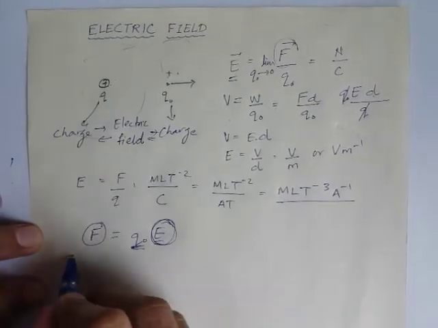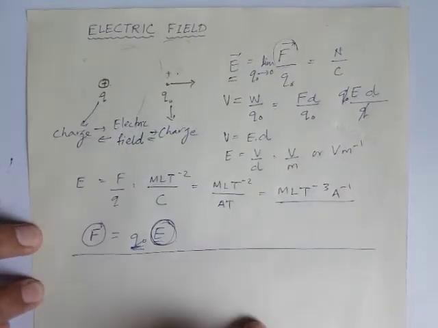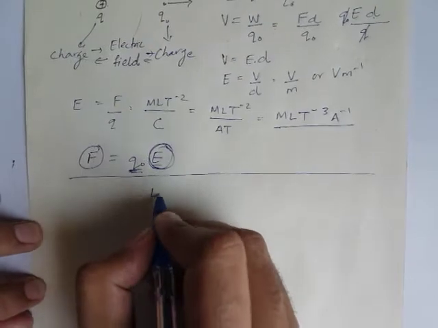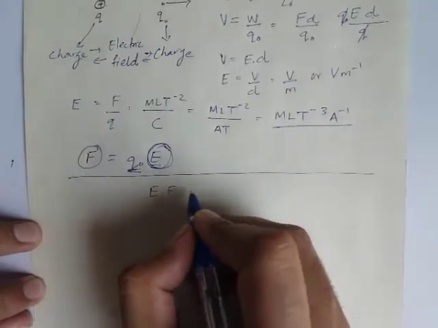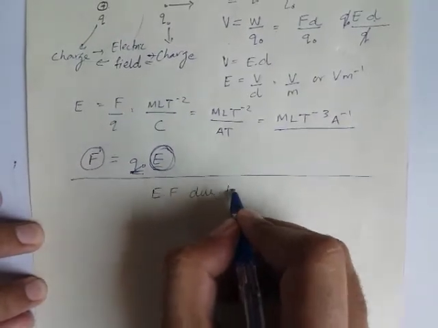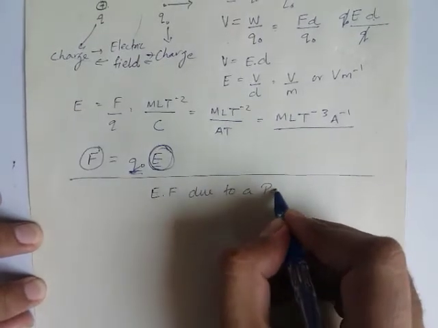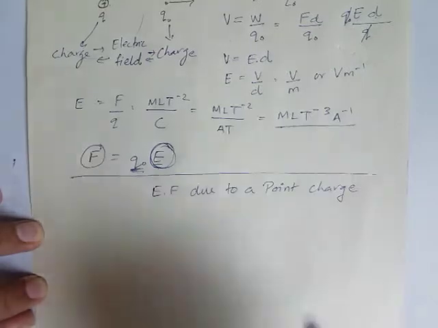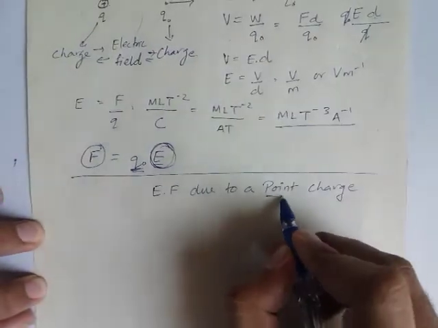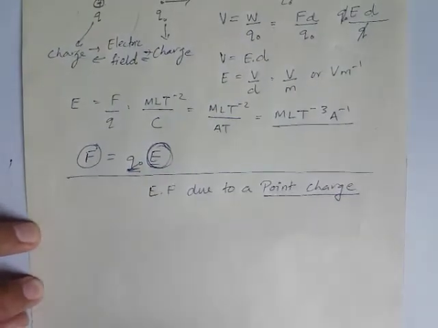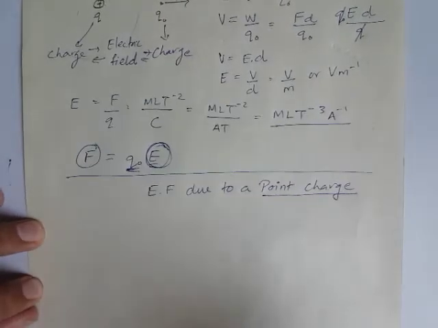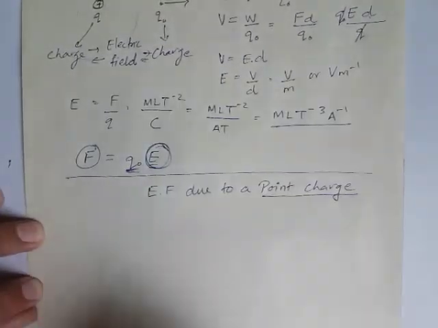Now if someone asks you to find the electric field due to a point charge, how can we define that? We can imagine a test charge as we saw above, and we place it.